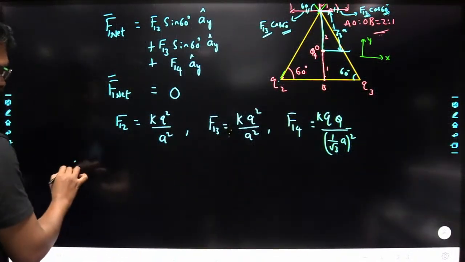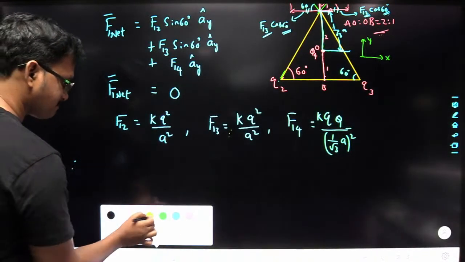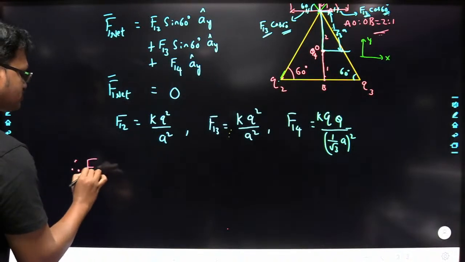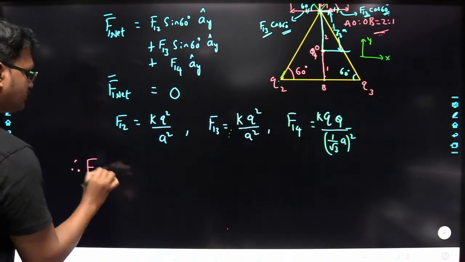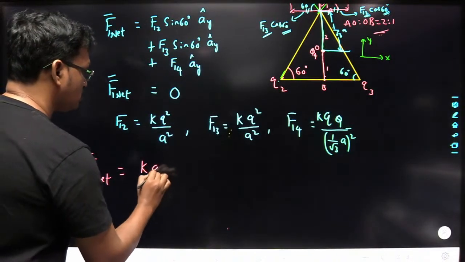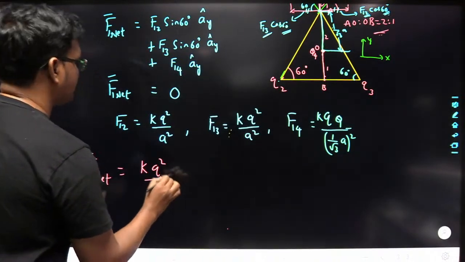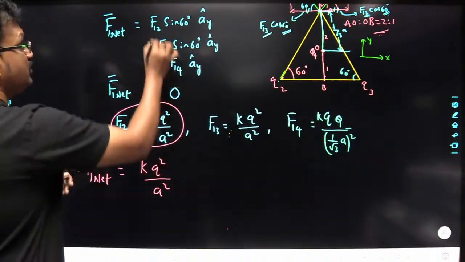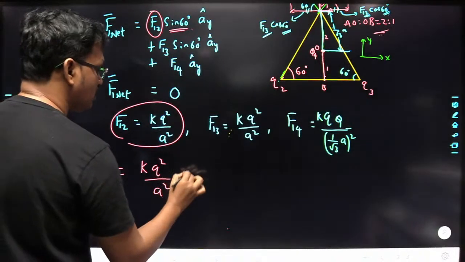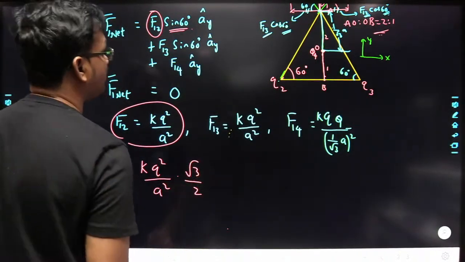So now therefore the net force on 1 is equal to K Q square by A square, that is F12, into sin 60 degrees. Sin 60 degrees is root 3 by 2.